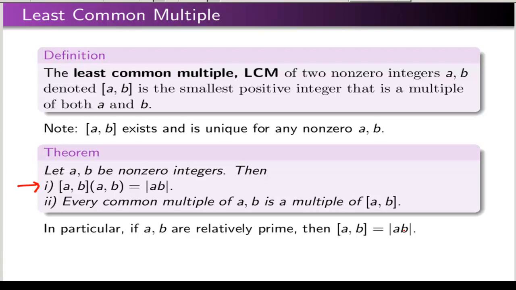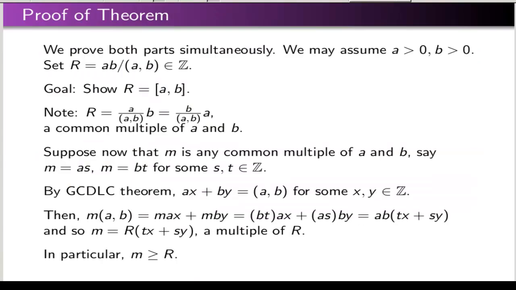So there are two proofs of this theorem we'll see. Again, let's do a proof that doesn't use the fundamental theorem of arithmetic. So in this proof, we just let capital R be the quotient A times B divided by the greatest common divisor of A and B, which is certainly an integer because the greatest common divisor is a divisor of A, say.